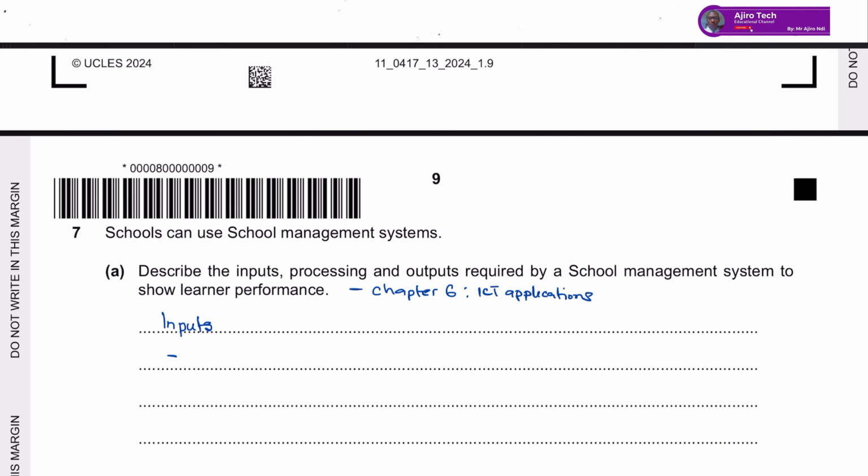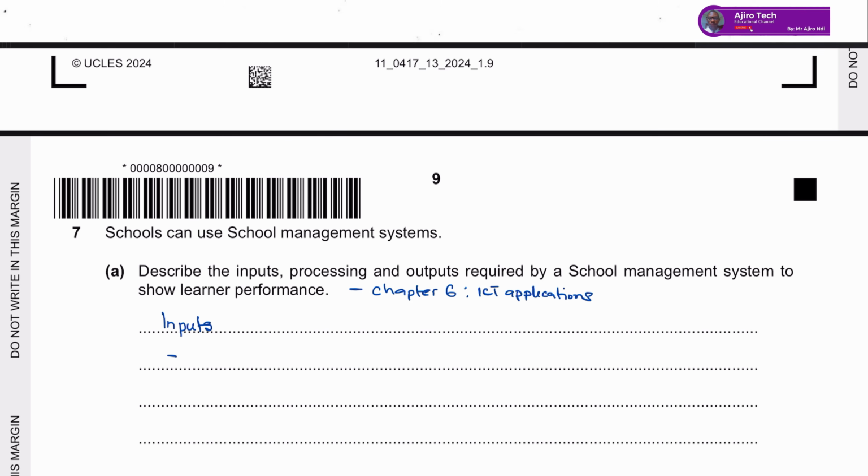Now, for registrations and attendance records, you could use a spreadsheet. You could use a magnetic stripe, even biometrics to take attendance. For student performance, you could use a spreadsheet, and computer aided learning simply means that they can learn at their own pace. So let's look at the inputs.